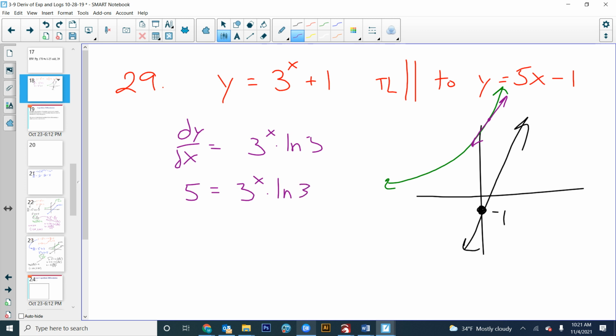And you would need a calculator for that. If you wanted to solve it by hand, would you guys know how to? Divide by ln 3. Then what?